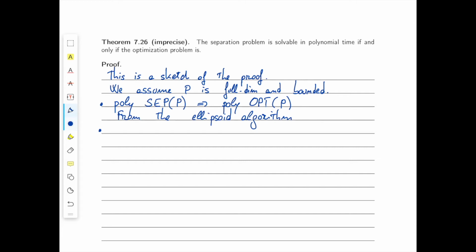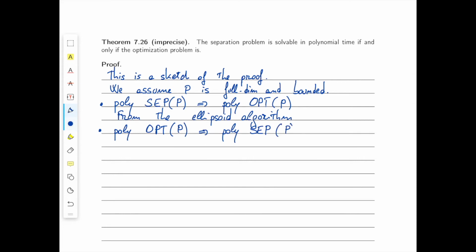Therefore, we now focus on the opposite direction. So we need to show that polynomial optimization over P implies polynomial separation over the same P.